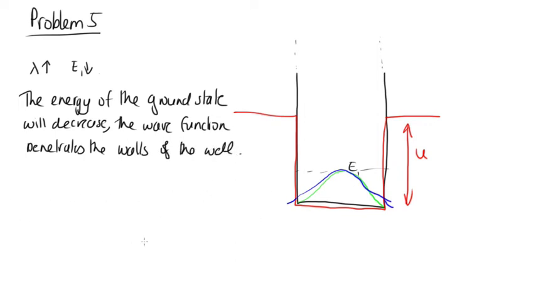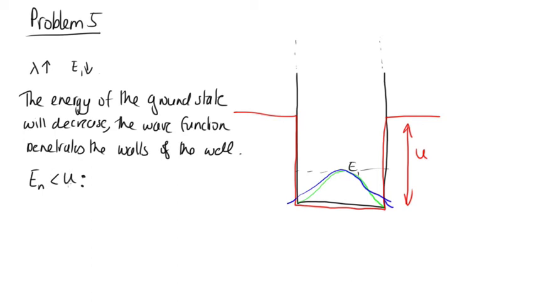Now, for the higher energy states, it depends how much higher. If the energy of the levels is less than U, then we'll end up with slightly lower energies than with the infinite well, but essentially the same. But once again, they will penetrate the walls, but they'll quickly decay once they get there.